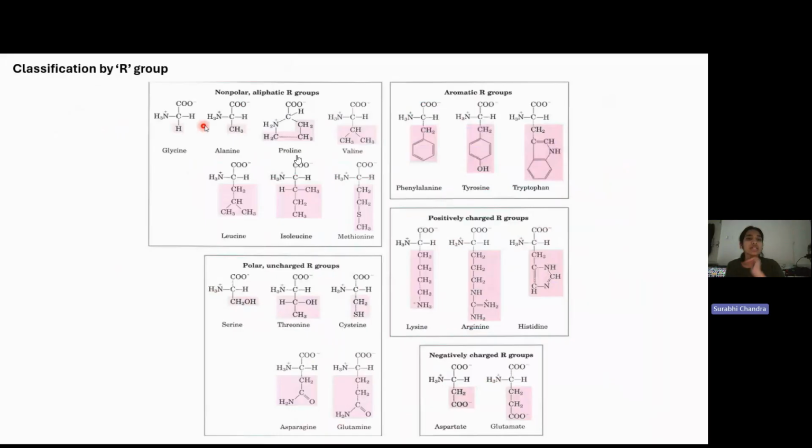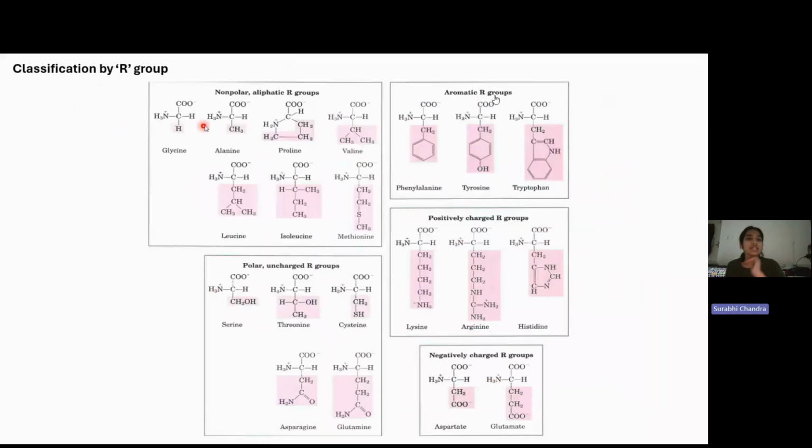In case of proline, you normally have free attached groups here. However, here you have a heterocyclic ring attached to this C alpha carbon. Eventually this affects the overall sequence and the structure of the protein wherever proline is present. Okay.